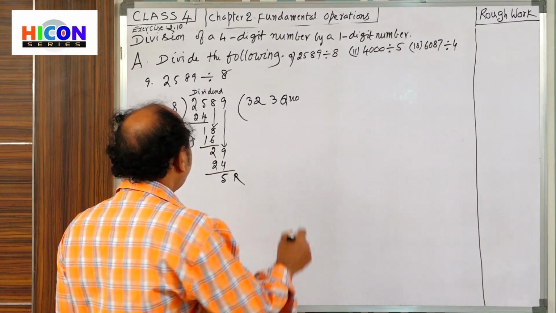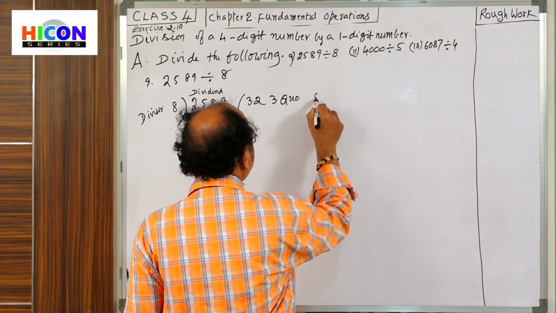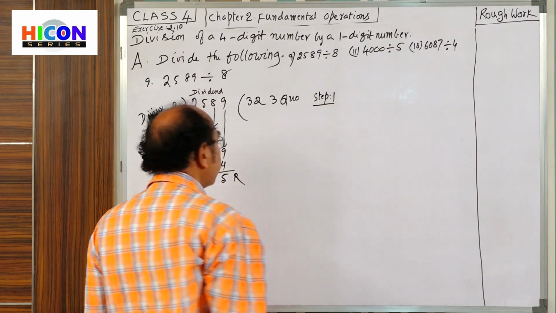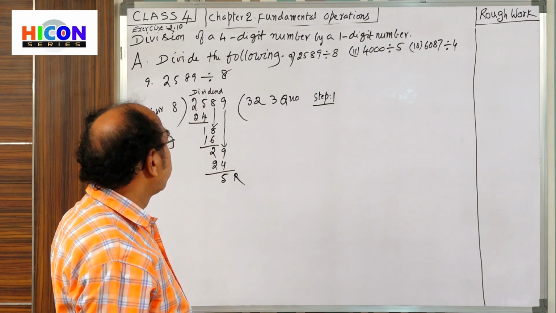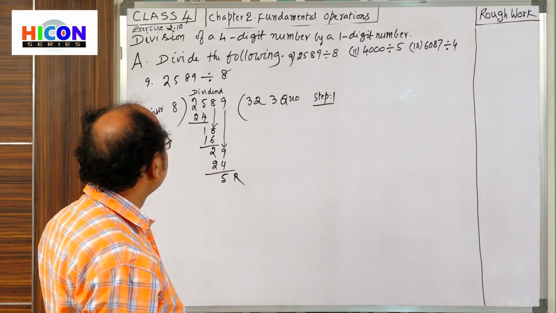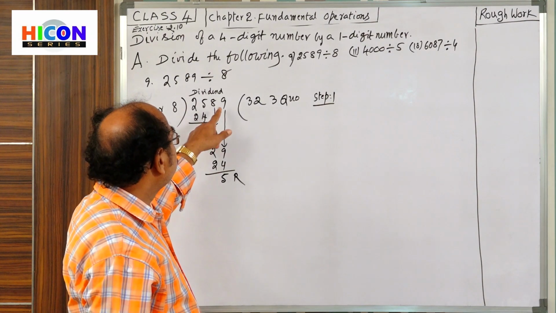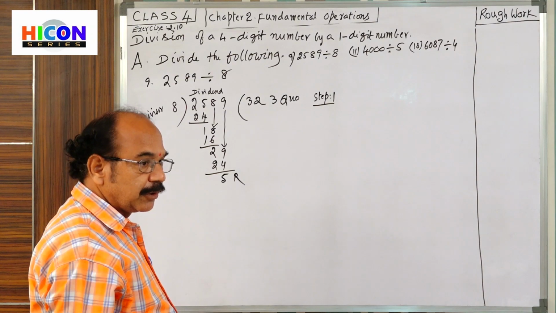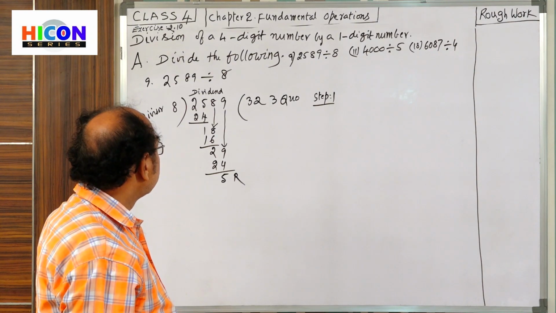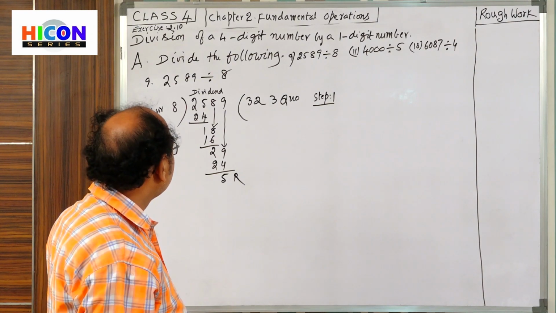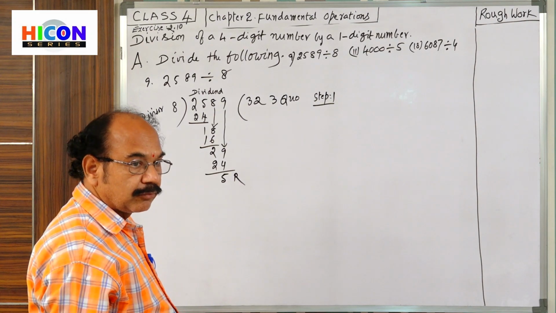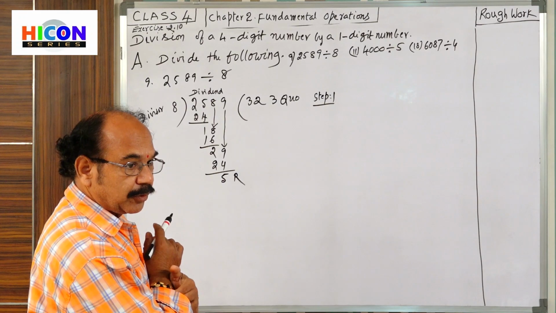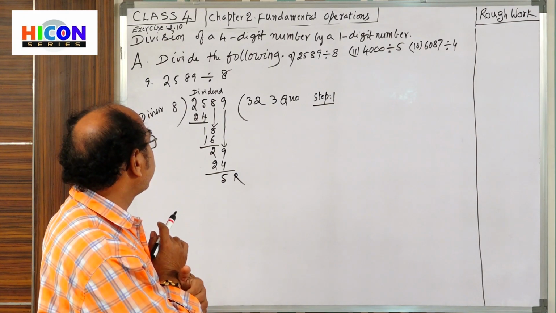So, in step 1, what did you do? Units, tens, hundreds, thousands. Thousands plus 2 is there. 8 can't divide 2.